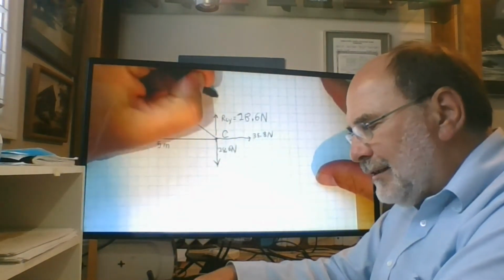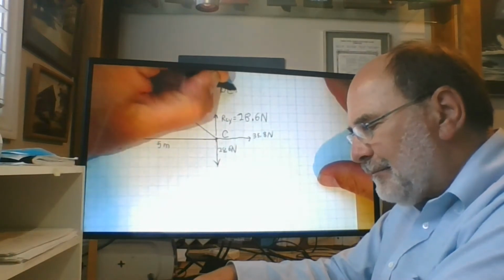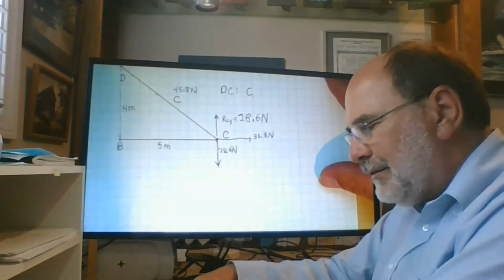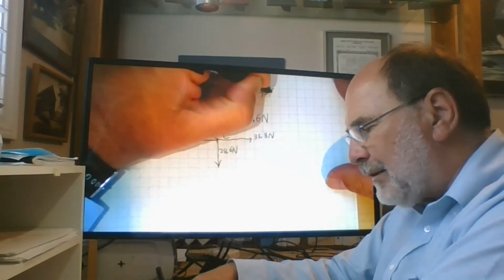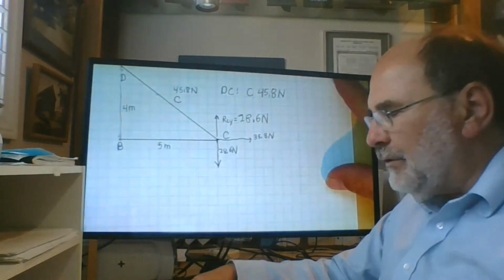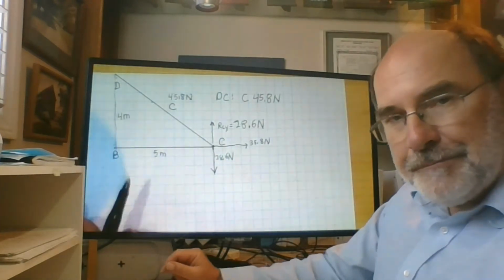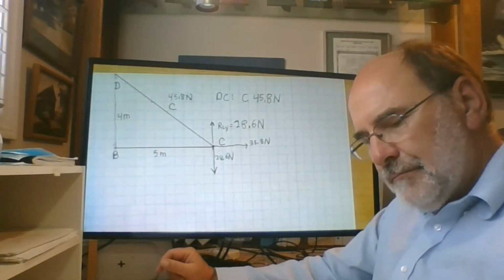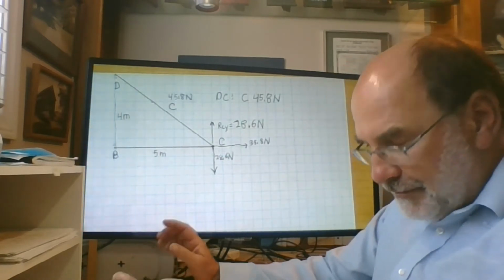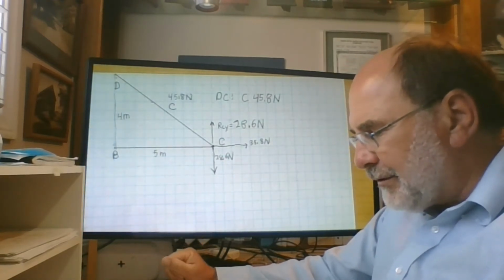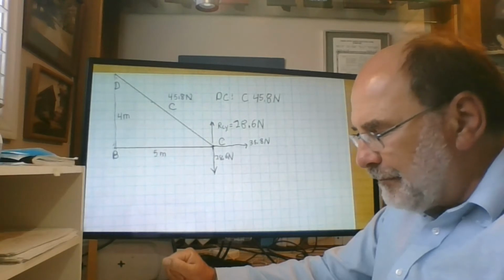So member DC, if I were going to write it, is under compression in the amount of 45.8 newtons. There, I figured something out. And you should play Sudoku a bunch of times. Then you'll learn to enjoy this more as well.